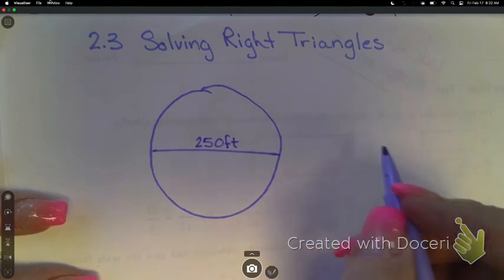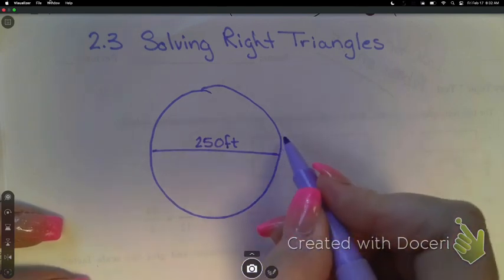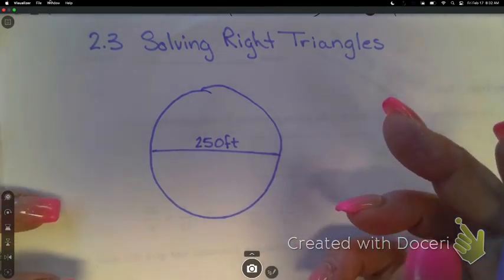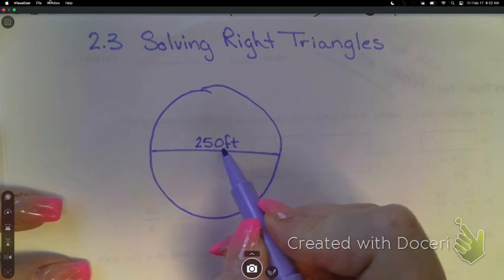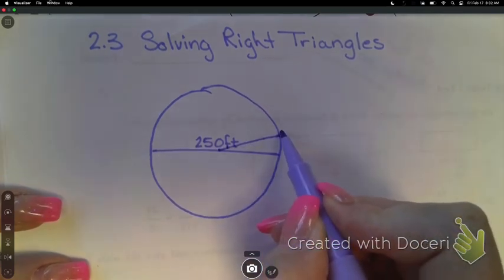It had 36 cars. So every 10 degrees there was a car. Yes, 360 divided by 36. So about every 10 degrees there was a car.